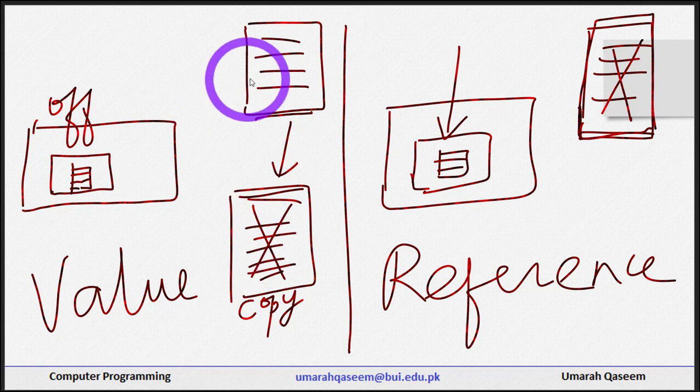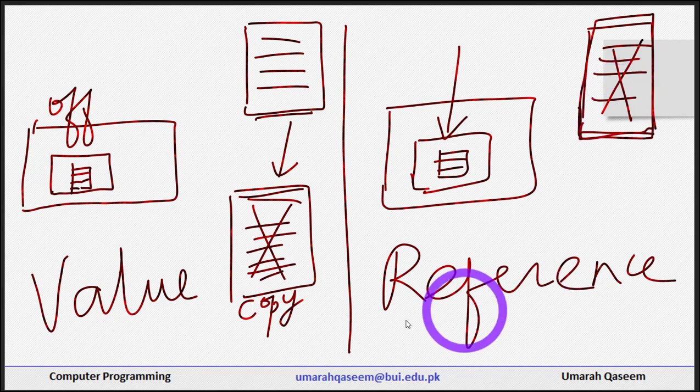So the original variables are not affected if you do anything with the copied variables, the ones that are in the function. But in function call by reference, there is no copy. The location, the address, the reference of the original variable is sent, and in that way, if you do anything with the variables, the original variables are vulnerable and they are affected, they are changed.